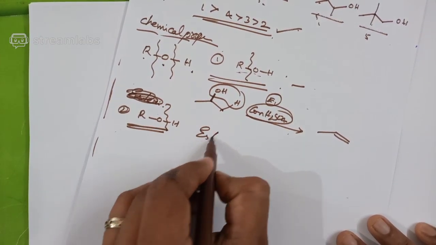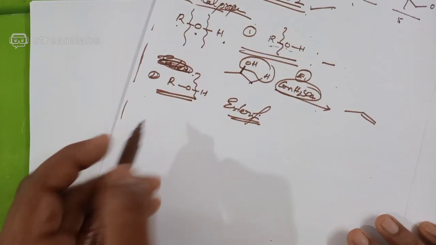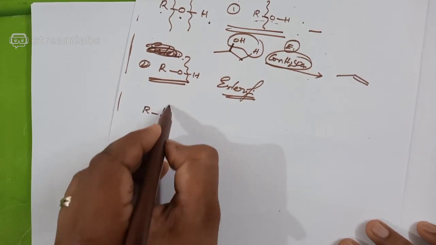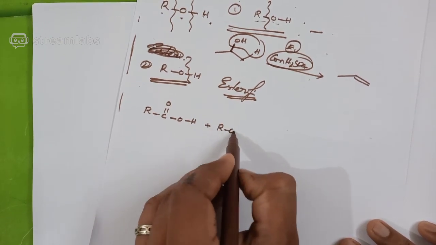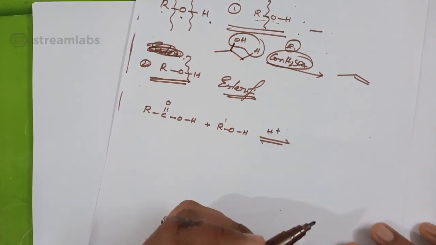Now, esterification is important. See, if I take a carboxylic acid treated with alcohol in the presence of H plus ion, acidic medium.